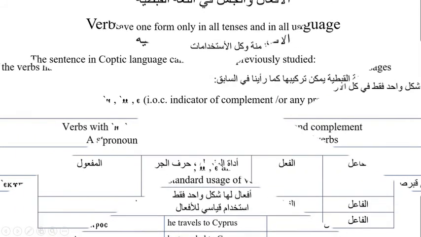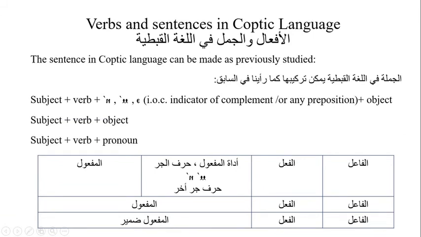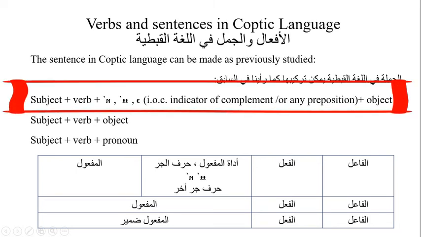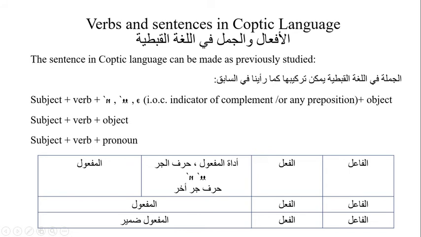Here we talk about the structure of the sentence in Coptic language. As we have noticed, the structure can be subject, verb, and after the verb, the indicator of the complement, n or m or a, according to the verb we use.